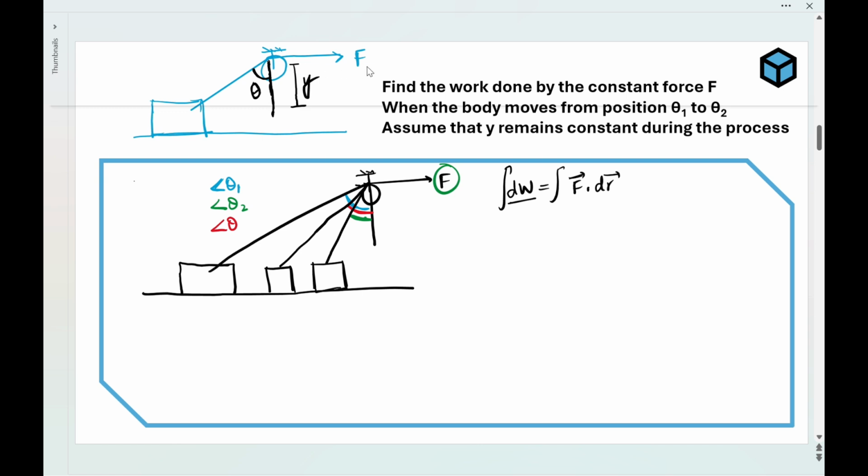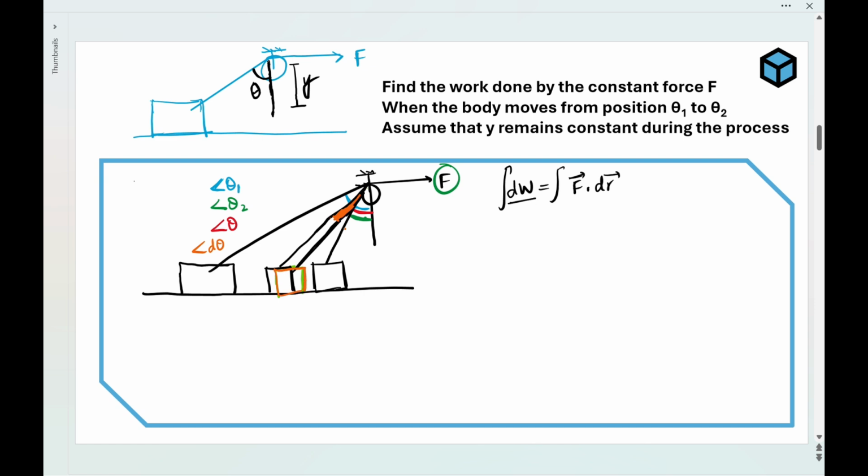Okay, it just got somewhat forward like this, and here, let's say this angle is d theta. This is d theta, a very small angle.